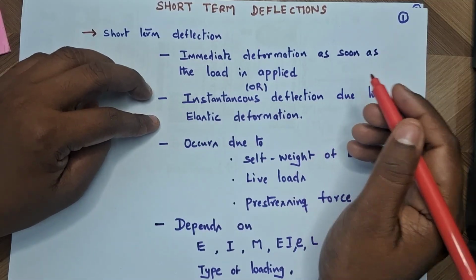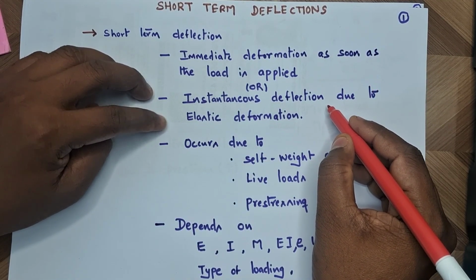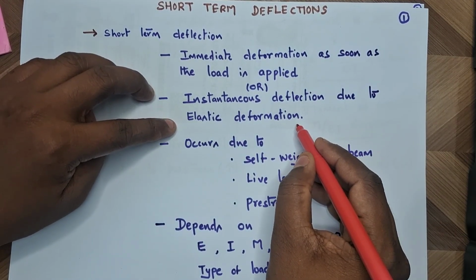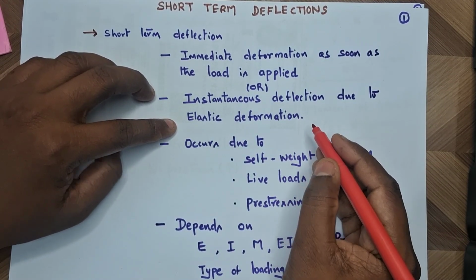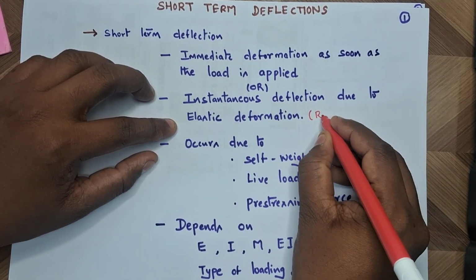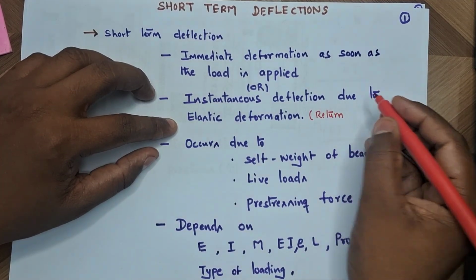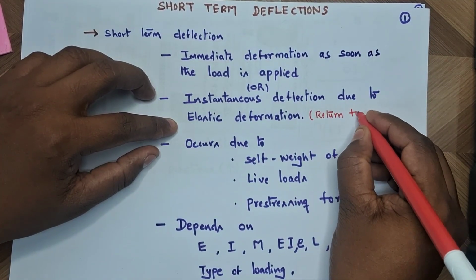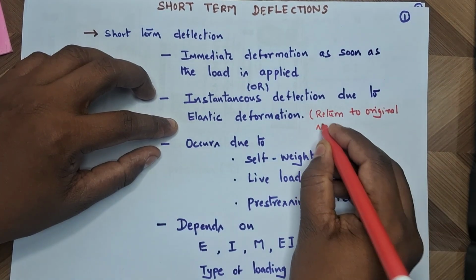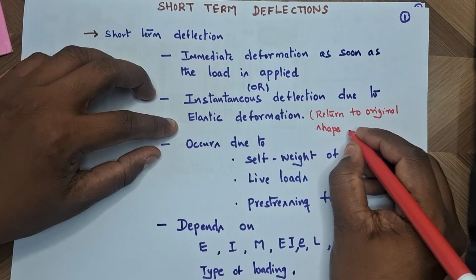We may also call it an instantaneous deflection, mainly due to elastic deformation. Elastic deformation means the structure returns to its original shape when the load is removed.